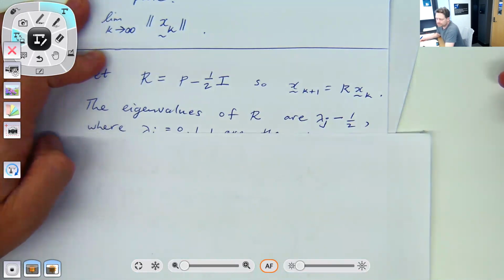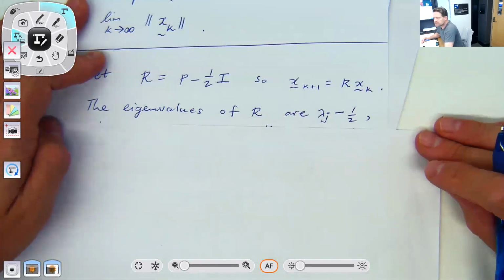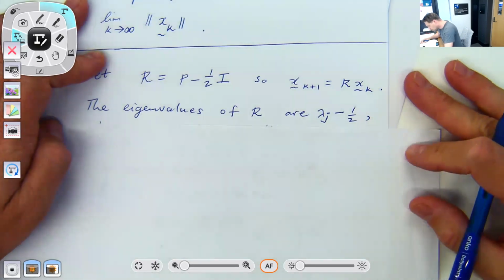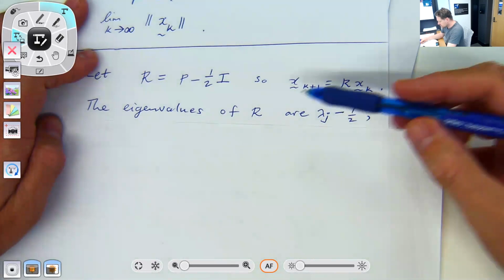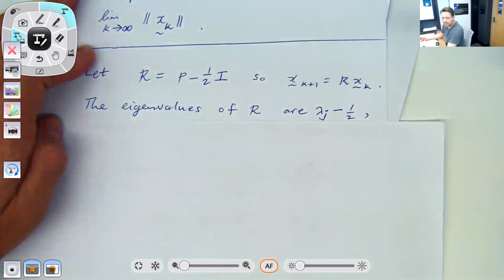So if you know the eigenvalues of the matrix, then they are the diagonal entries of the middle matrix in the diagonalization, and the two outer ones are orthogonal matrices, so Q and Q transpose. But we know the eigenvalues of R because we know the eigenvalues of P, right?